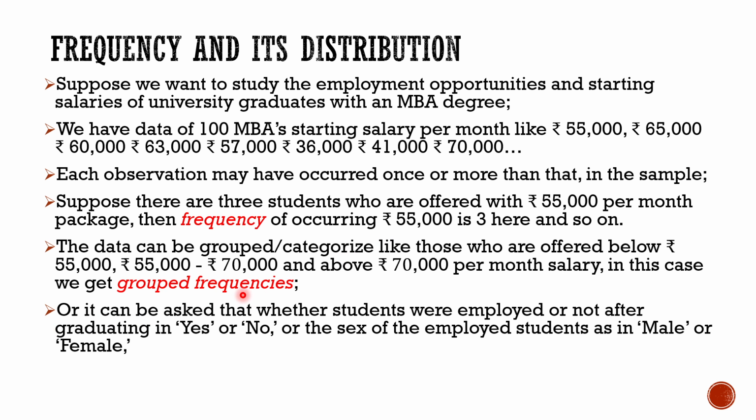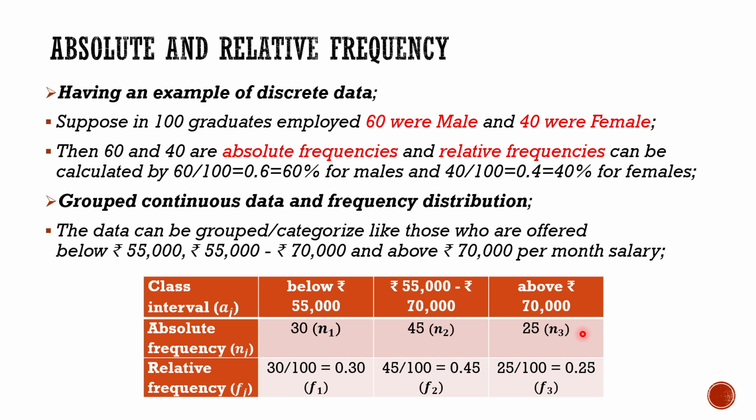And if we make groups, or we make classifications, or we make classes, or we categorize, then we get group frequencies. Now it can be asked whether students were employed or not after graduating. So we can have answers in yes or no, or it can be asked what is the sex of the employed students, and we can have answers in male or female.